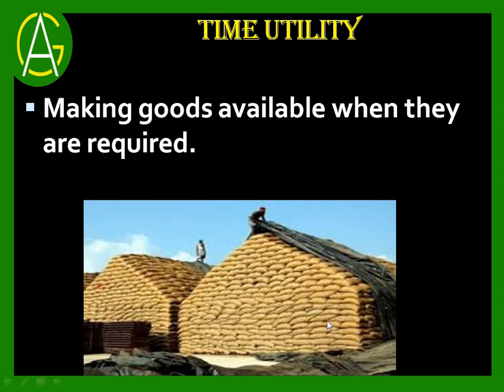When the need arises or when the wheat is required, it will be sent to the market. Until then they are stored into the godown. So the godowns and warehouses provide time utility. Until they are needed, they are stored here. Okay, so time utility is making the goods available when they are required.